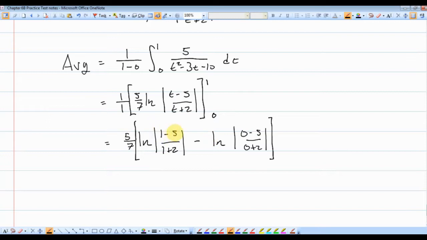Let's see, is this 4/3? Well, it's negative with the absolute value. The absolute value. Minus the natural log of 5/2.